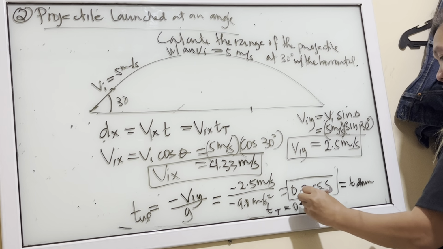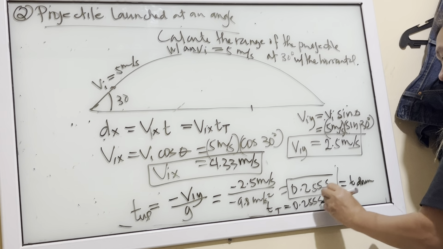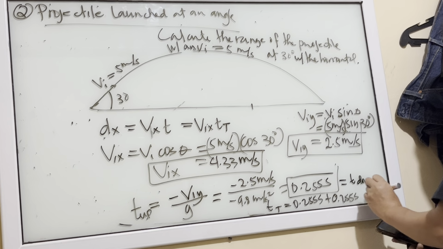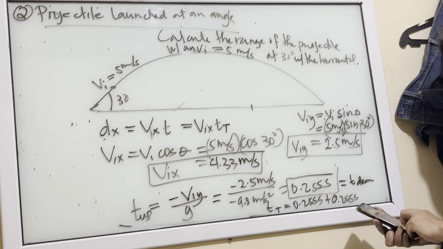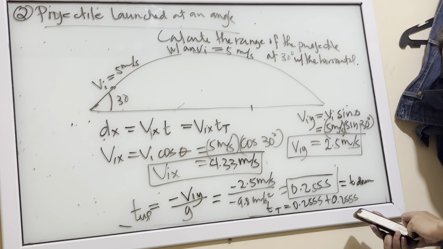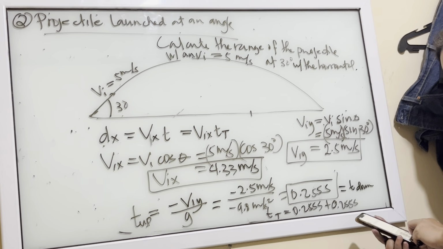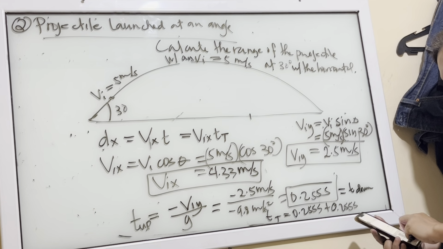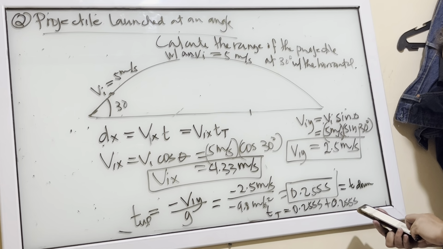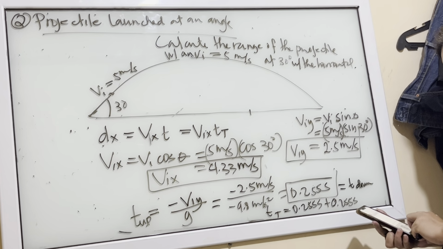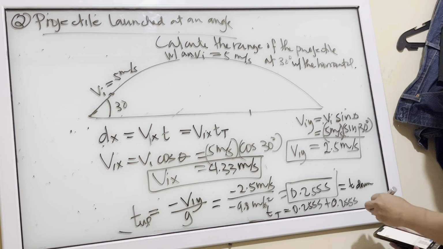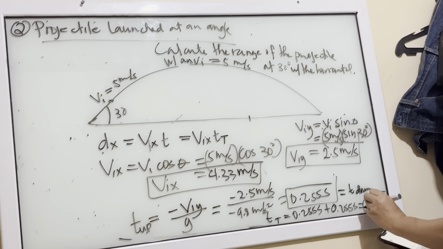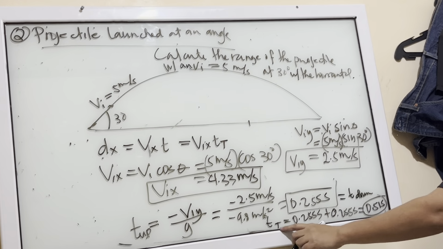So that's 0.255 seconds plus 0.255 seconds. So times 2. So is equal to 0.51 seconds. That is your total time of flight.